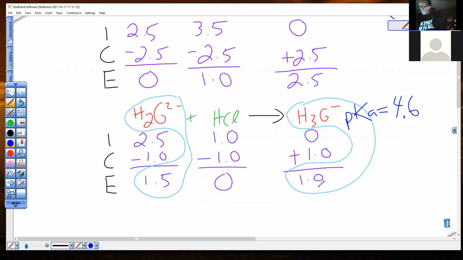So you get another point for saying when there's a little more base than acid, what do bases do to pH? Raise it or lower it? Please don't say bases lower pH. Basic means high pH.